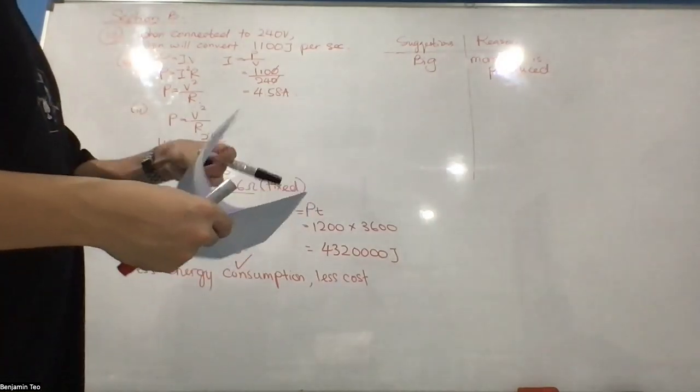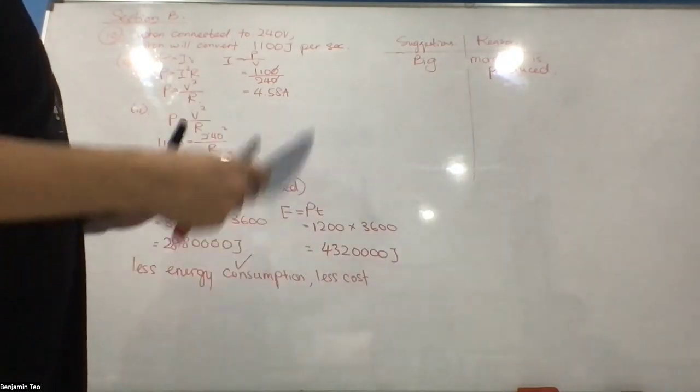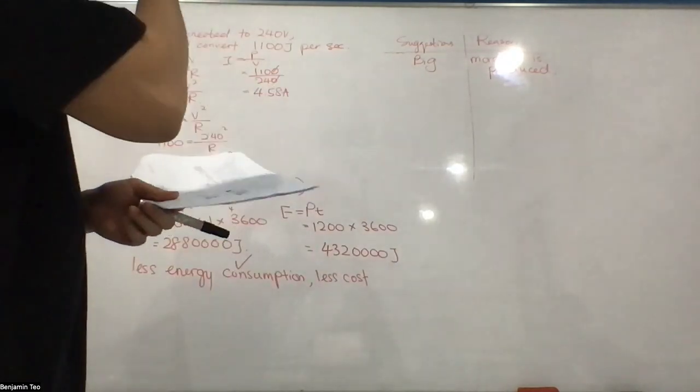Okay, now we are at D. So number 1, big fan, more air is produced.